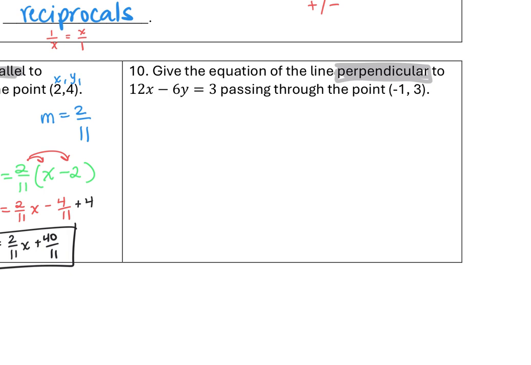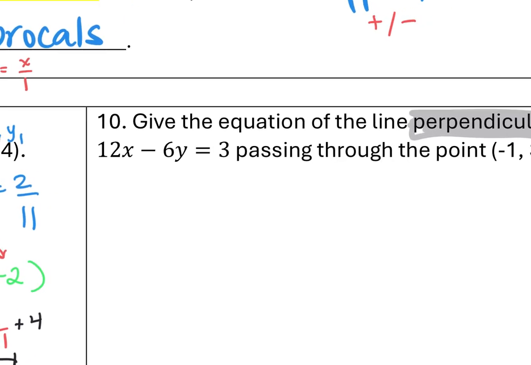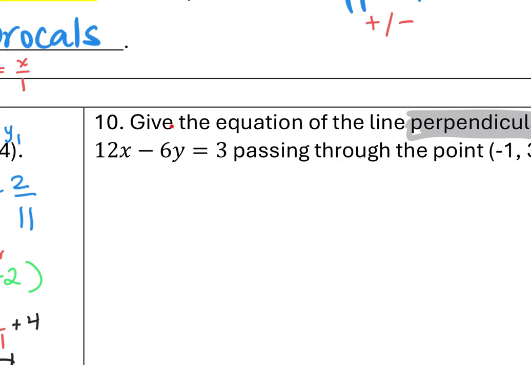So we're writing an equation that goes through this point and has the opposite reciprocal slope of this equation. Again, so rude. They couldn't have just given us something in y equals mx plus b. We got to put it that way to figure out the slope. So let's move this 12x over to the other side first. So we get negative 6y equals negative 12x plus 3.